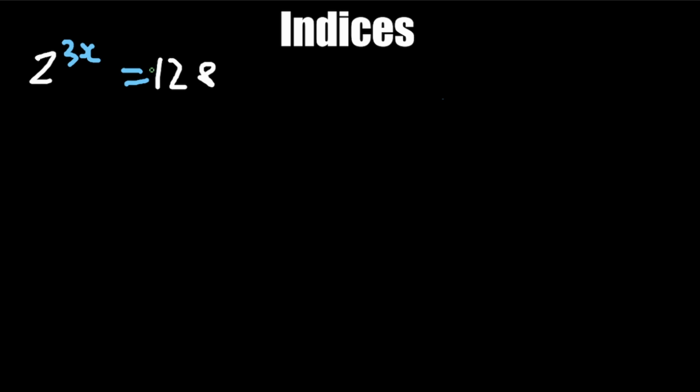So what we're going to do is that we're going to try and drop 128 to the same base. So 128 is just another way to say 2 to the 7th power. What? 2 to the 7th power.